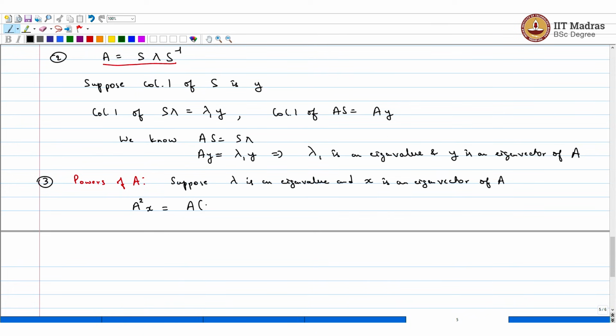A square x is nothing but A of A x, but x is an eigenvector. So, it is A of lambda x, which is the same as lambda times A x, which is again equal to lambda square x.